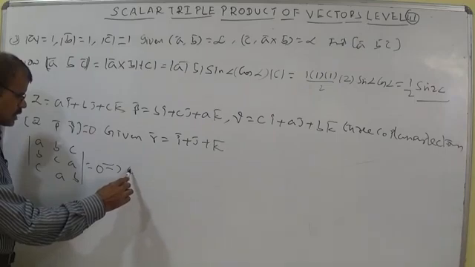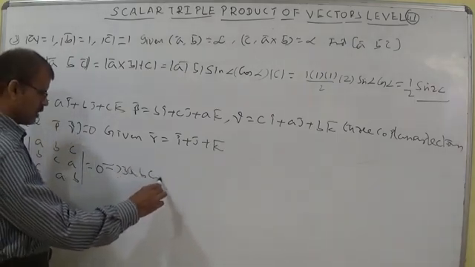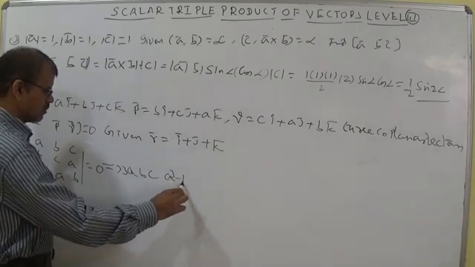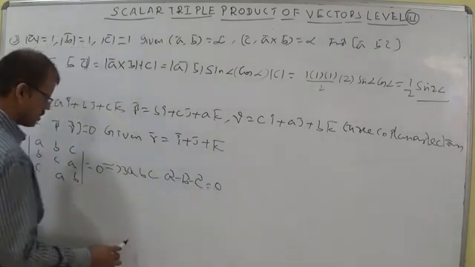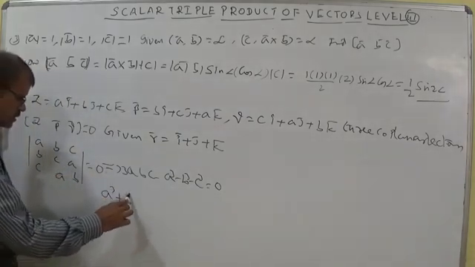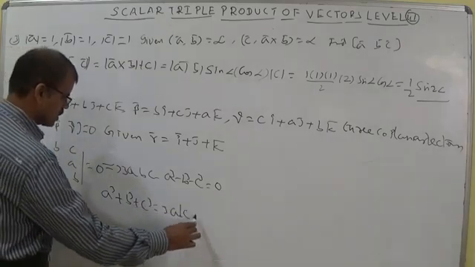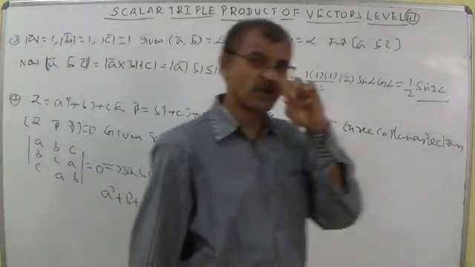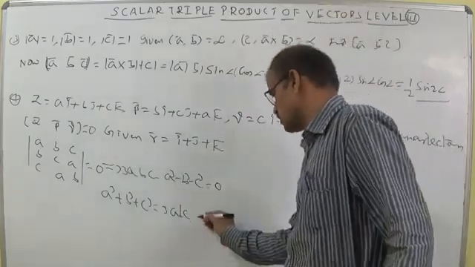You can get the value 3ABC minus A cube minus B cube minus C cube equal to 0 you can write. You will get like this only. So you can say that here A cube plus B cube plus C cube is equal to 3ABC. According to 8th class knowledge, A cube plus B cube plus C cube is equal to 3ABC.